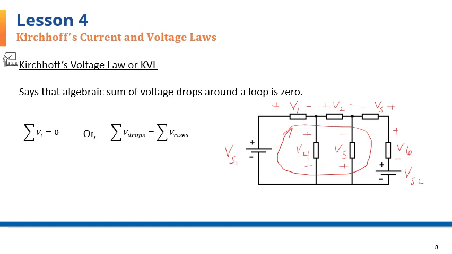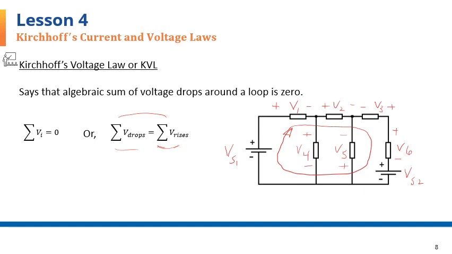And again, I'm going to use that same large loop, except use it in this way to write all of the voltage drops on one side of the equality and all of the voltage rises on the other side. In this case, I don't need to apply a negative sign to either one of these. I'll just use their magnitude.